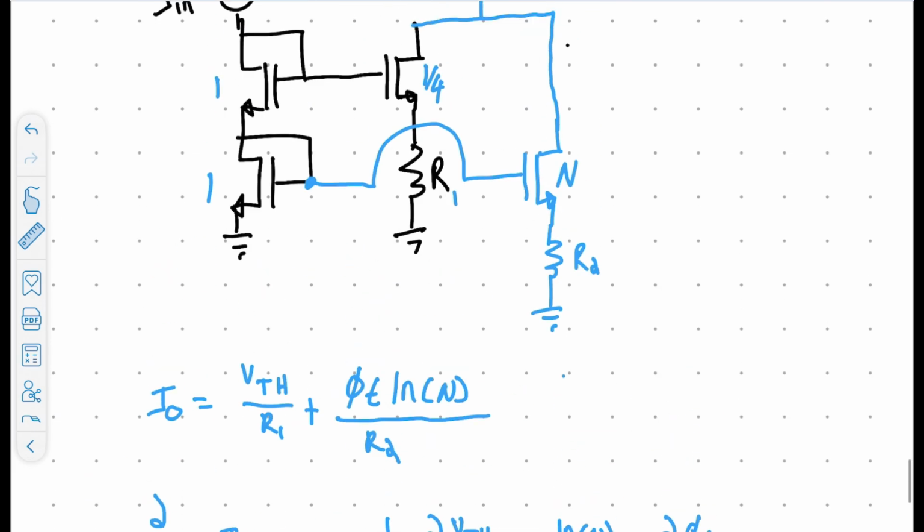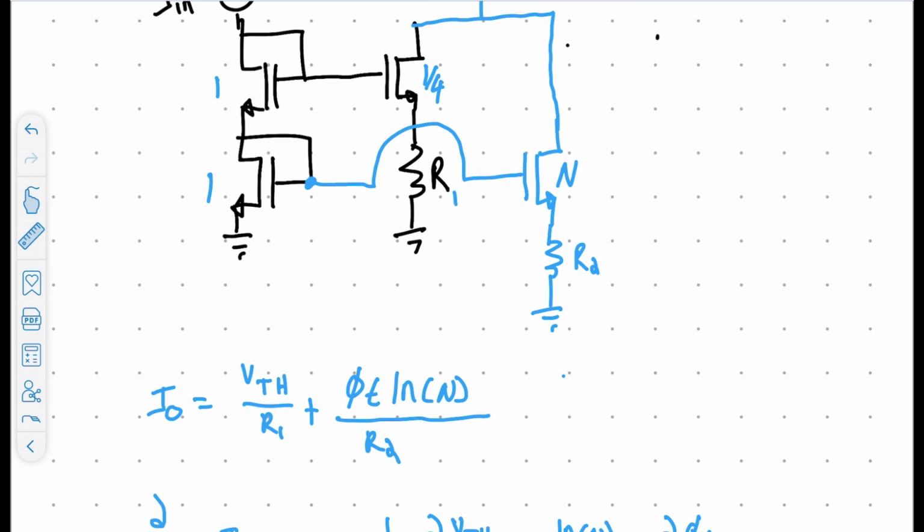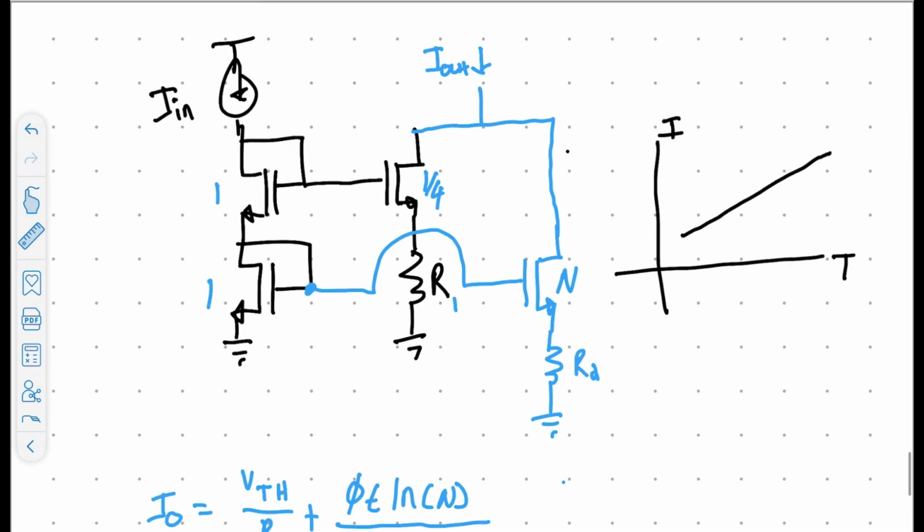And if we were going to graphically show what we just did in a plot, we have I versus temperature. We have PTAT here. And then we have a CTAT component here.